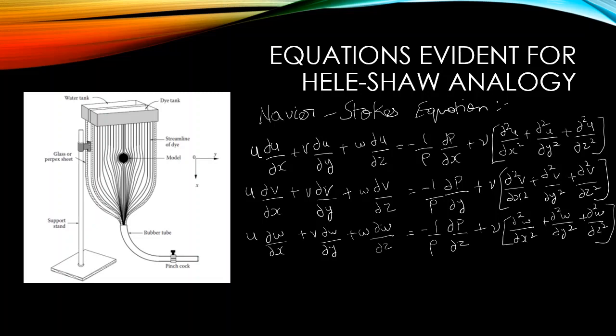So these are the equations that are evident for Hele-Shaw flow. For any kind of viscous fluid flow, this is the Navier-Stokes equation we are considering at the beginning stage.